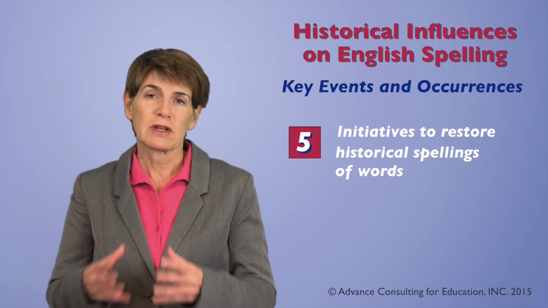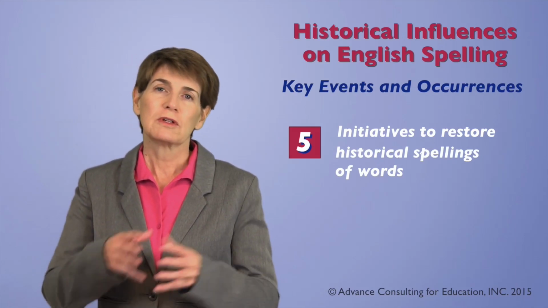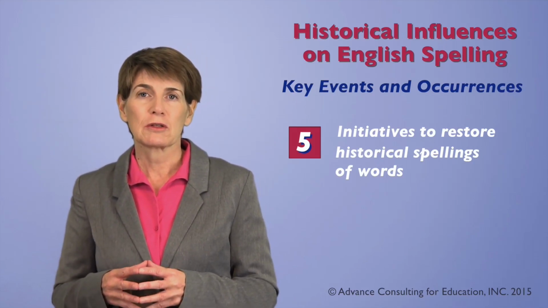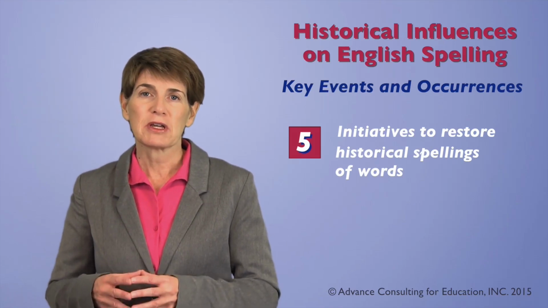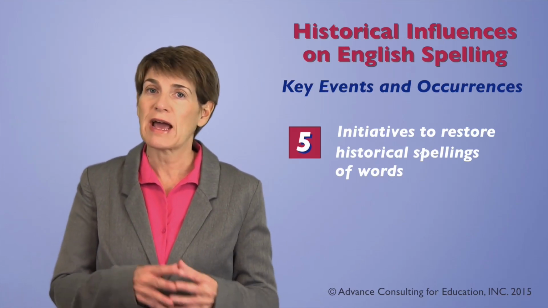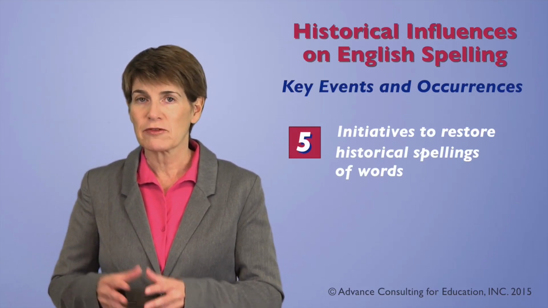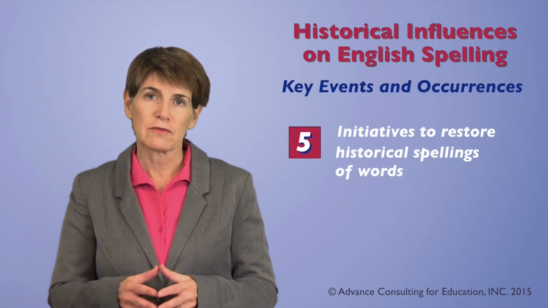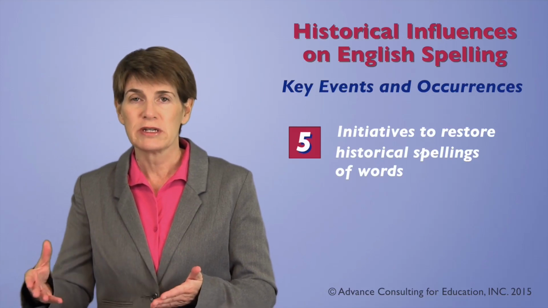So the first initiative was an attempt to go back to the historical spellings of some words. This was particularly true of Latin-based words. Over time, Latin-based words actually lost their Latin spelling. But then there was this initiative at the academic level to shift our spelling back to indicate those Latin roots of the words. A classic example here is the word debt, D-E-B-T.